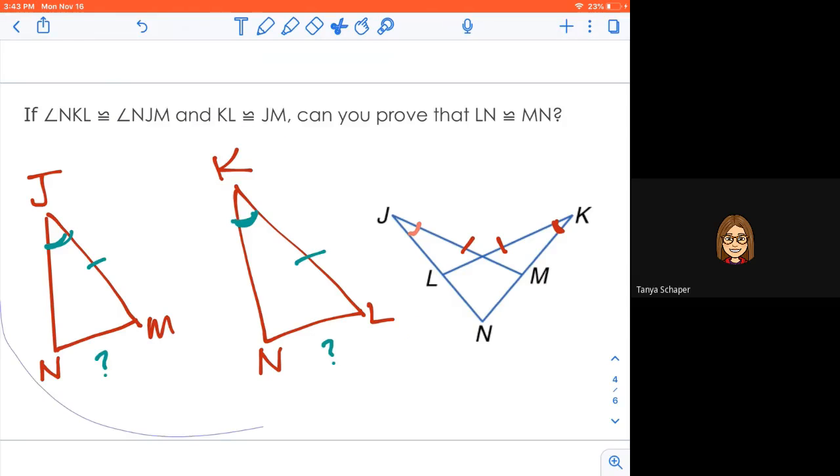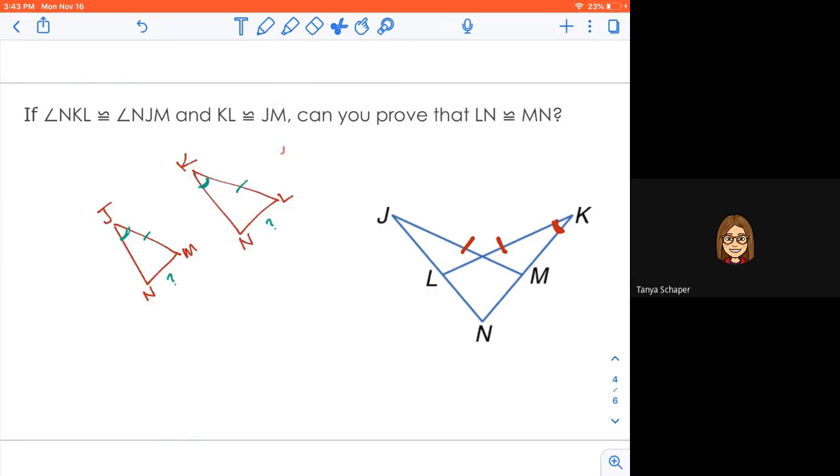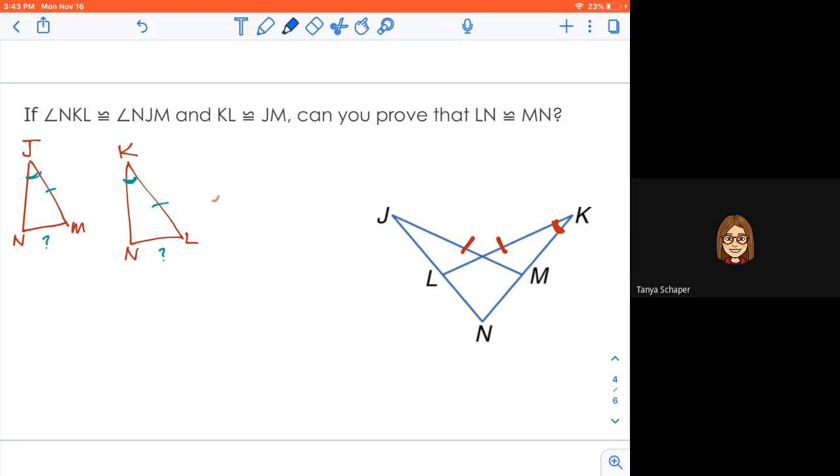One other thing that I know, I'm going to shrink this down and bring it over here. This angle right here is congruent to itself because of the reflexive property of congruence. So I'm going to say that angle N is congruent to angle N, and the reason is the reflexive property of congruence.